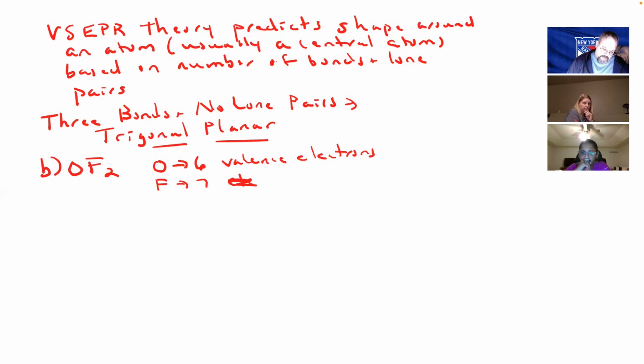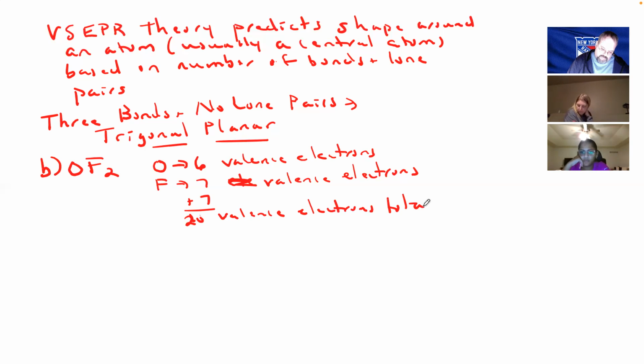Let's talk a little bit about how this would first play out. 7 plus 7 is 14, so 6 plus 14, it looks like we have 20 valence electrons total, because we've got 1 oxygen and 2 fluorines. So the oxygen has to go in the middle, with some dots around it, and the fluorines have to go on the outside. Those dots represent valence electrons.